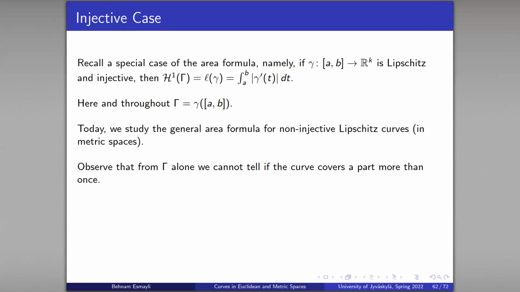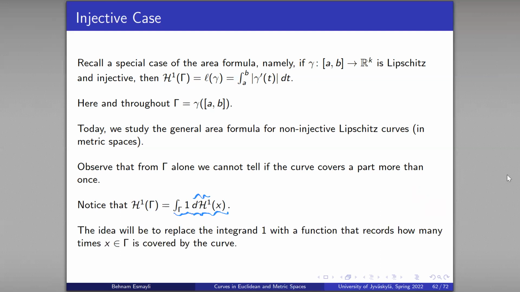Therefore, if we want to hope to get something similar to this, we have to take into account the non-injectivity or double coverings. And the way out will be to observe that H1 of gamma can be written as just integrating 1 along the curve gamma against the Hausdorff measure dH1.